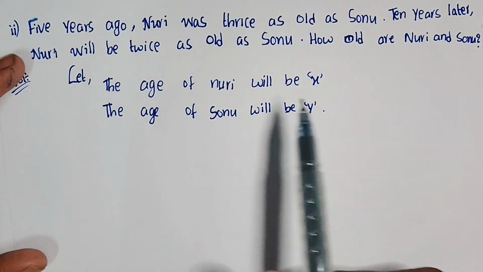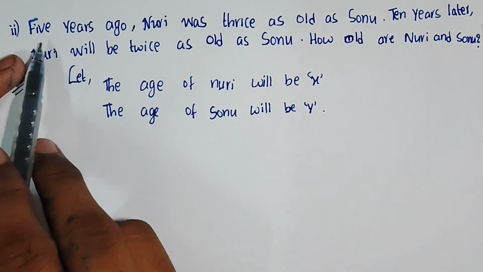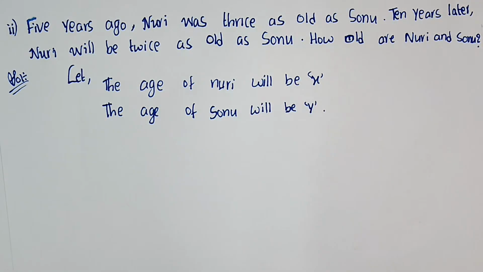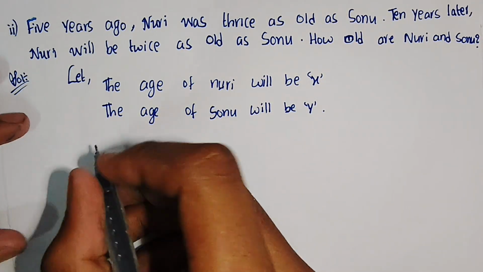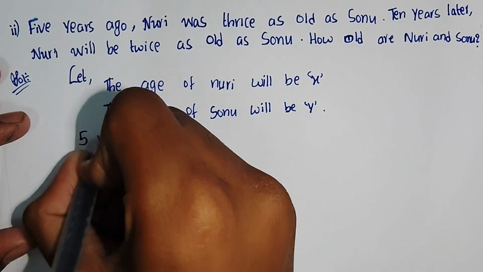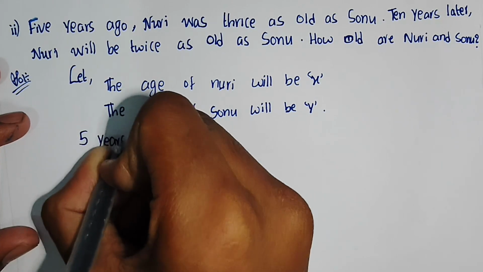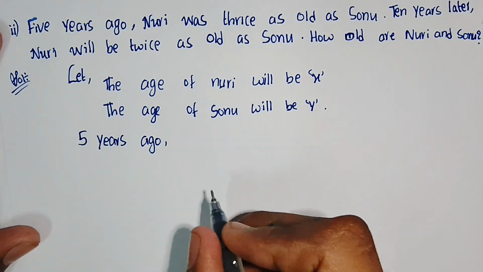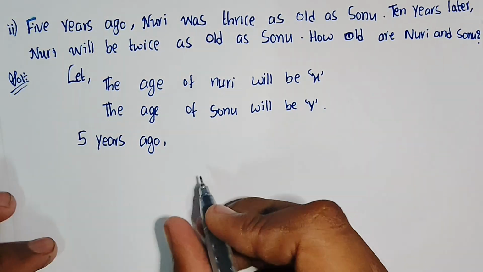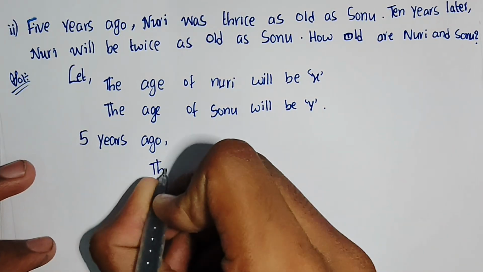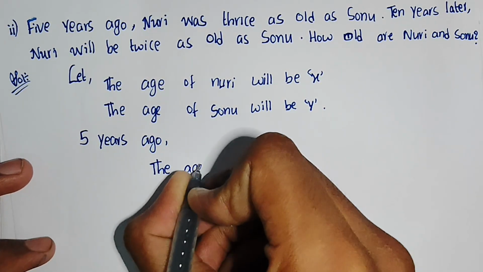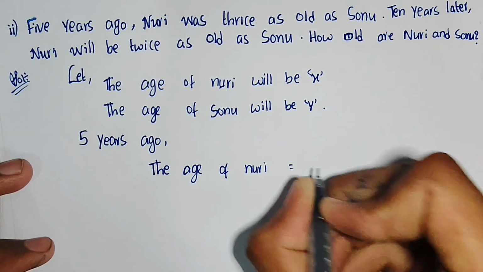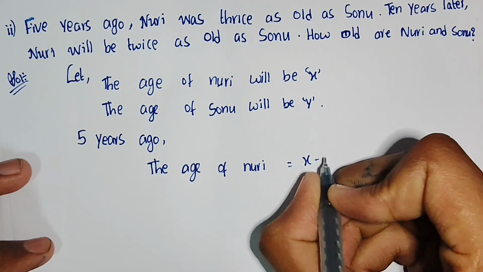After what he gave, 5 years ago, Nuri was thrice as old as Sonu. Means I am writing here 5 years ago. 5 years ago, the age of Nuri equals x minus 5.